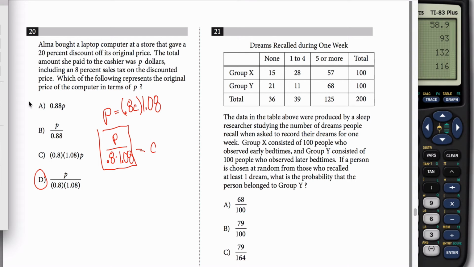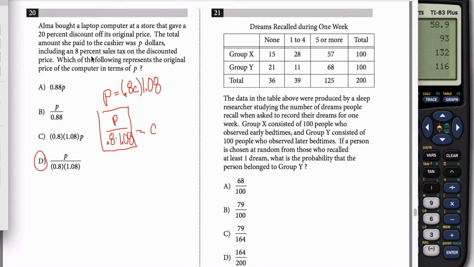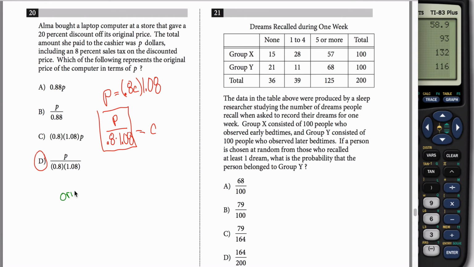That's one way you could do this problem. Another way you could do this problem is choose some nice round numbers. Maybe her laptop, she bought it for $100, let's say. Let's say that the original price was $100. She got 20% off, so it sounds like she paid $80.